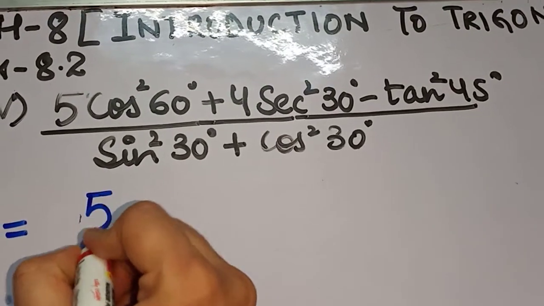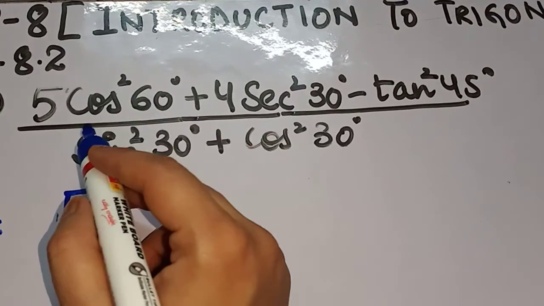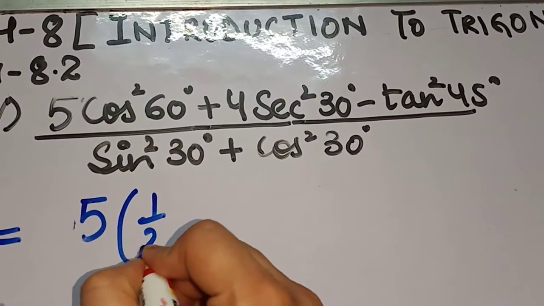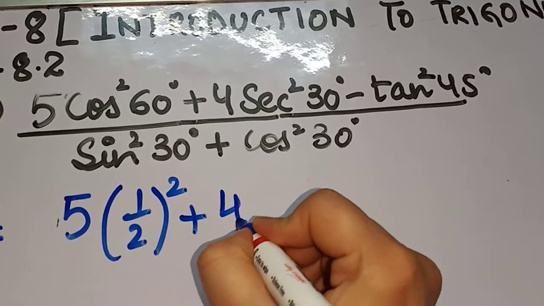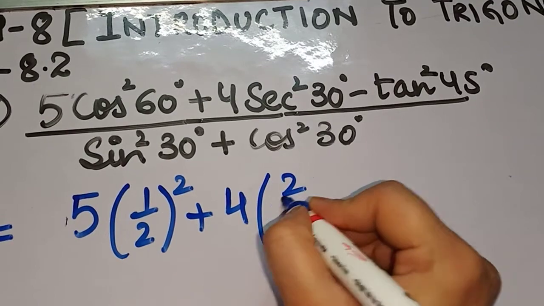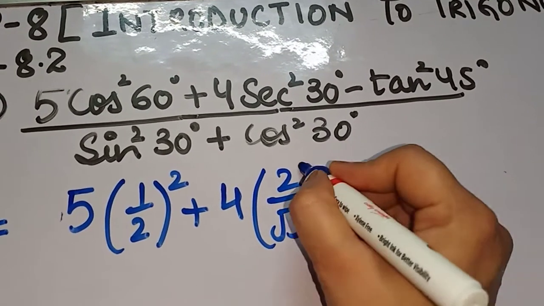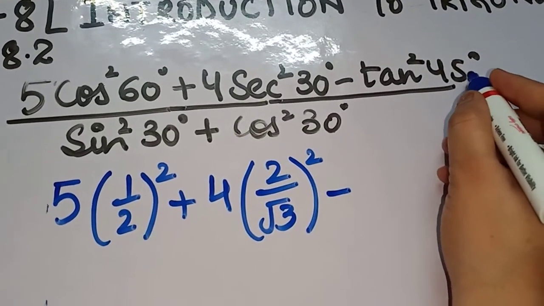Now 5 into cos square 60 degree. Cos 60 is 1 upon 2, whole squared. Now 4, we put the value of secant 30, that is 2 upon root 3, whole squared, minus tan square 45 degree.